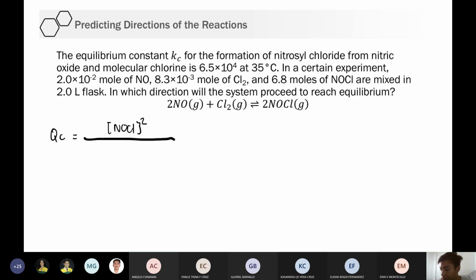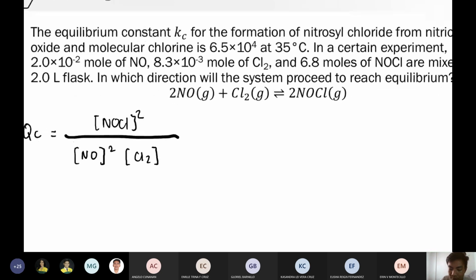Sa reactant side, you have your NO squared and your Cl2. Ano susunod? Ang susunod ay plug in mo na yung concentrations.